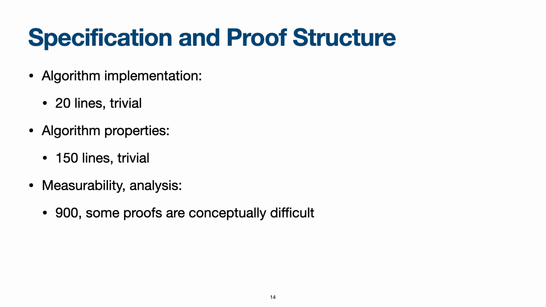Now, proving all of the results that we depend upon, like measurability of functions, measurability of sets, etc., represents about 900 lines of proofs.